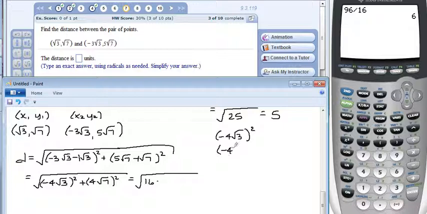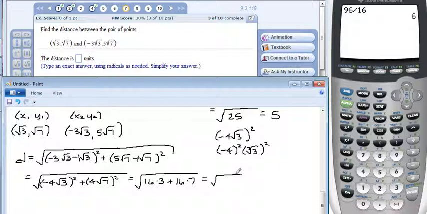This is the same as that. Okay, so this is your 16. This is a 3. The square root of a square is itself. Same thing here. We've got 4 squared for 16. 7, square root of 7 squared is 7.